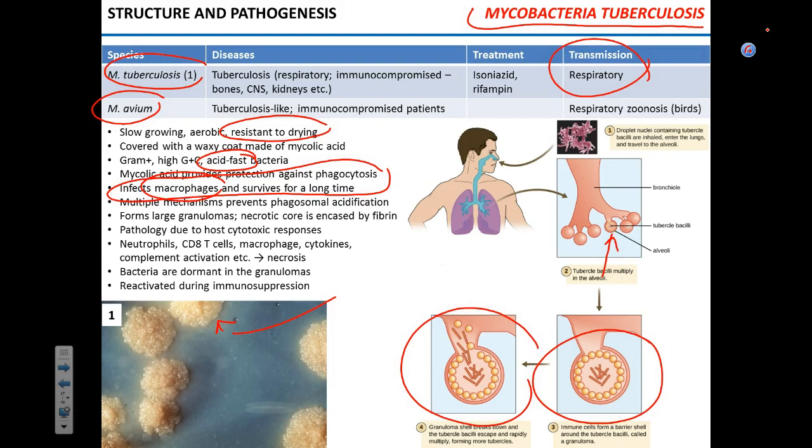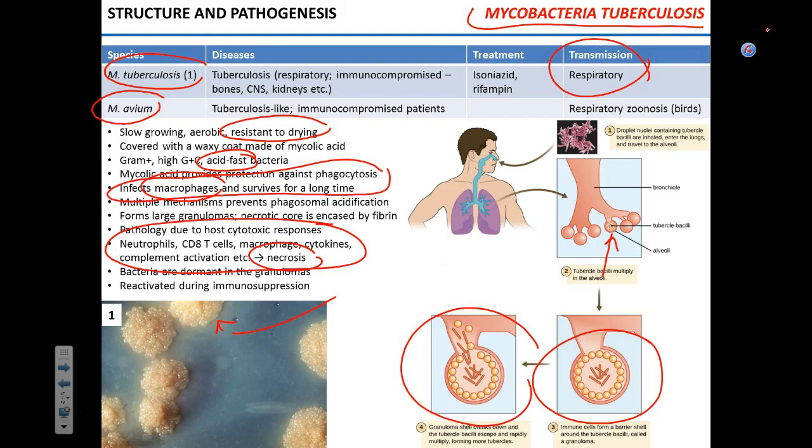But it turns out that the cytotoxic response that is stimulated by the infection does lead to the necrosis of the tissue, but it does not destroy the bacteria, because bacteria are hidden where? Inside of the macrophages. Makes sense, right?